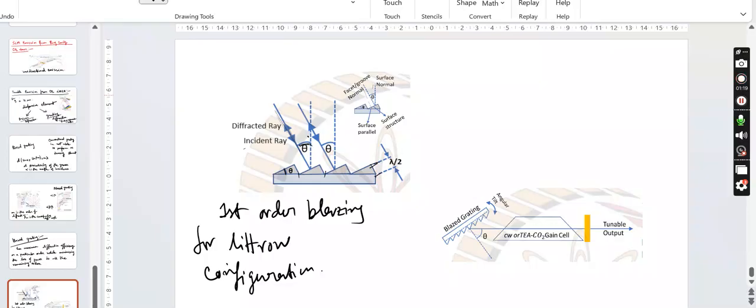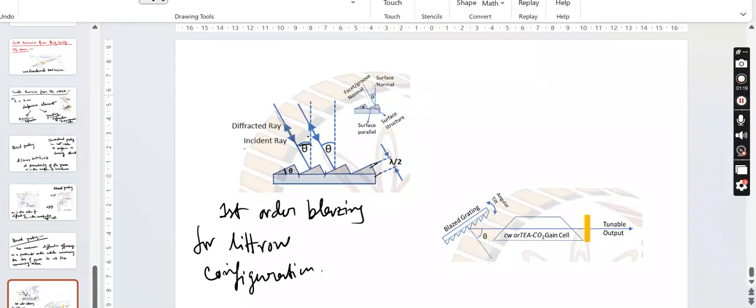So basically the two groove facets are spaced by lambda by 2. Then the two rays diffracted from the adjacent structure differ by lambda by 2 plus lambda by 2, which is lambda. And if the incident light has a wavelength of lambda, then these two rays would constructively interfere, or alternately it can be stated that the grating would offer maximum diffraction efficiency in the first order of wavelength lambda.